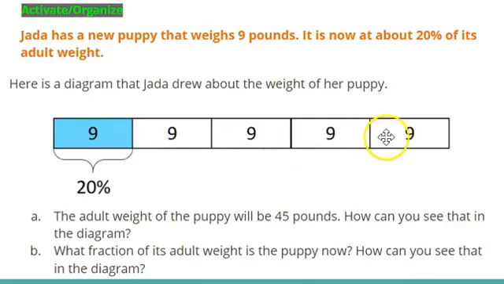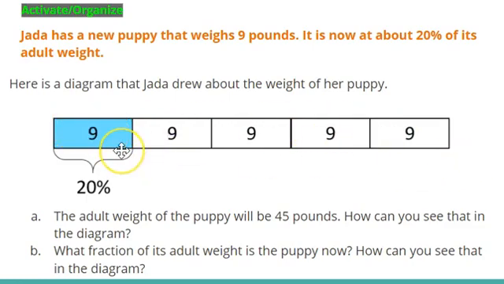What fraction of the dog's weight do we know right now? We've got 1 out of 5, right? So this is 1/5. We can see that in the diagram because we have 5 parts, 1 part shaded. This goes back to that skill from early in 3rd grade: fractions are a part out of some whole.